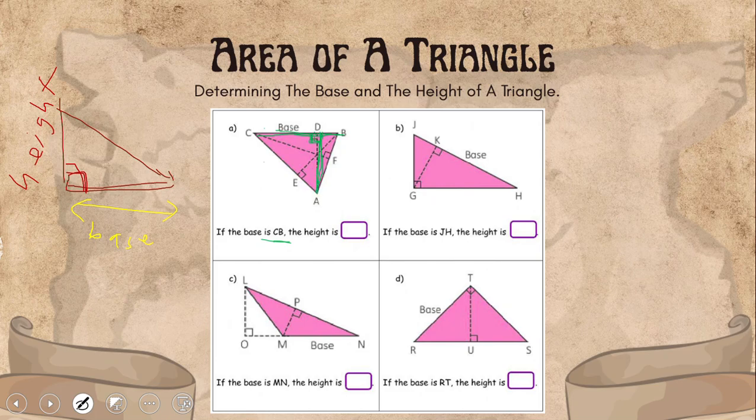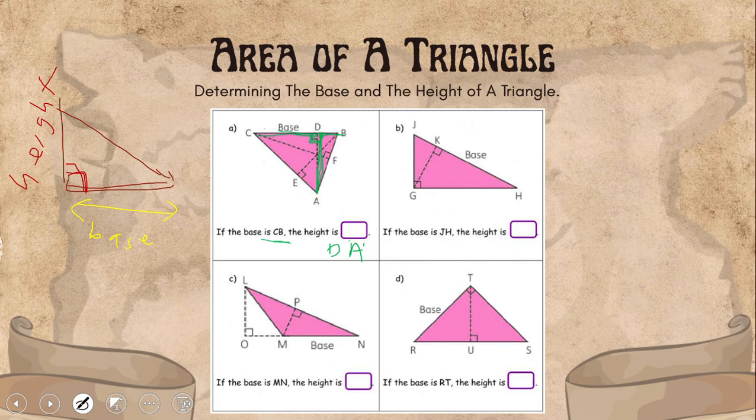That means for the triangle with base CB, the height is DA. Let me write it again, it looks bad. It's DA.